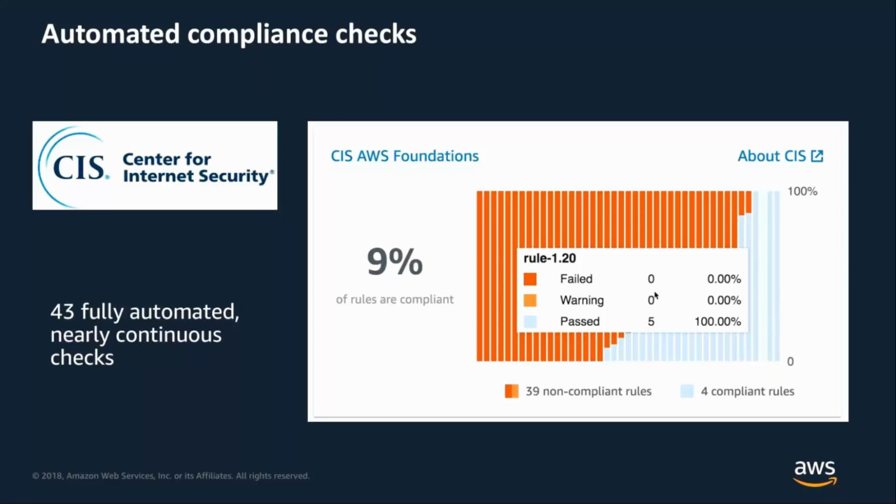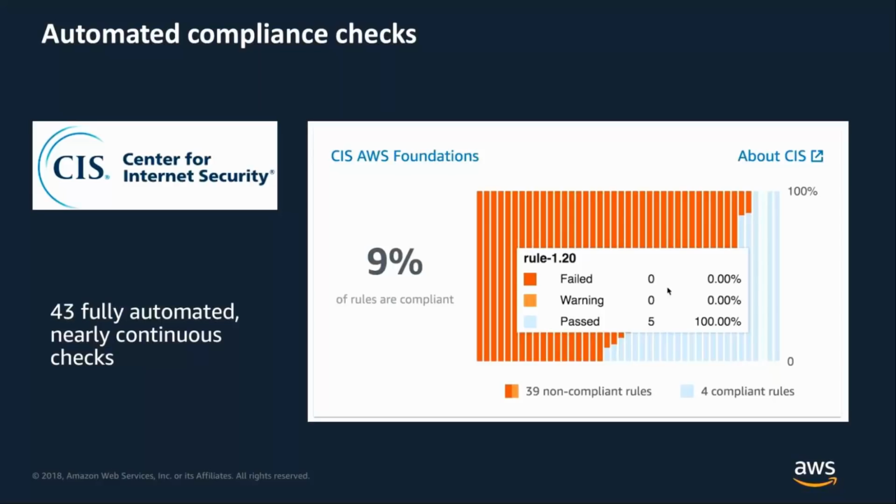And what we do is we take those 43 checks and then we roll them up into dashboard widgets like the one you see here. And what this is telling you is, of those 43 rules, which ones are compliant and which ones are non-compliant. A non-compliant rule means that in any of the accounts that are part of the master member hierarchy, if there is a single failed or single warning check, then the whole rule is non-compliant.